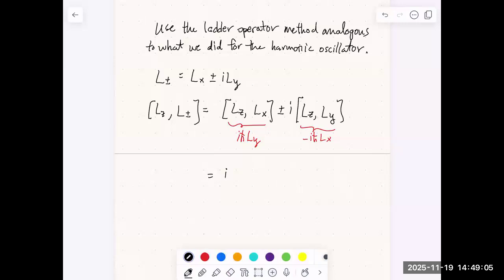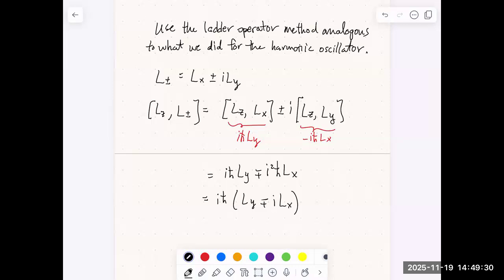So it's i h bar Ly, and then it's going to be minus or plus i squared h bar Lx. So this is going to be i h bar Ly, and then minus or plus i Lx. I think that's right.